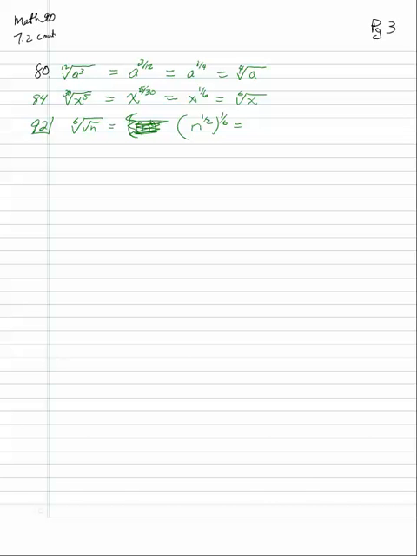And then we know a power to a power, you multiply the powers. So that's n to the 1/12. So the 6th root of the square root of n is the same thing as the 12th root of n.